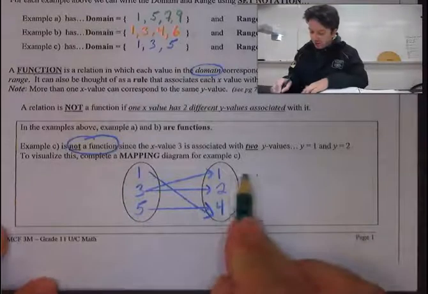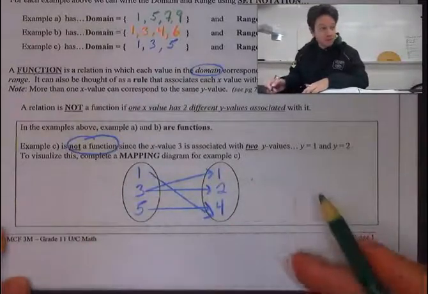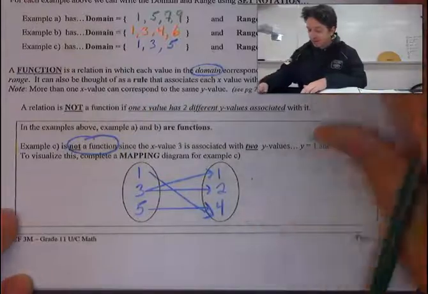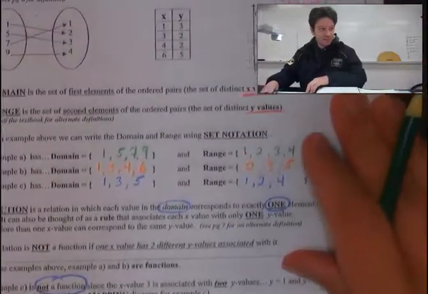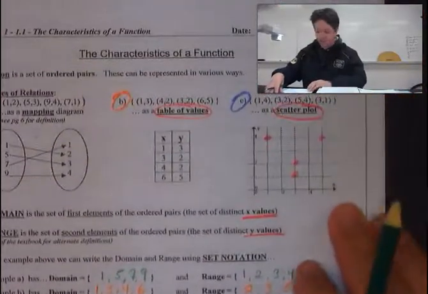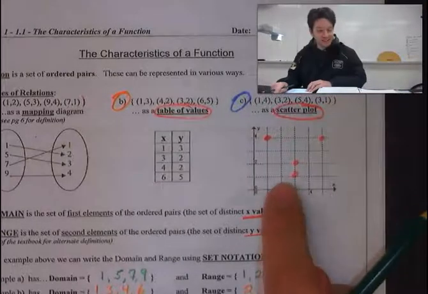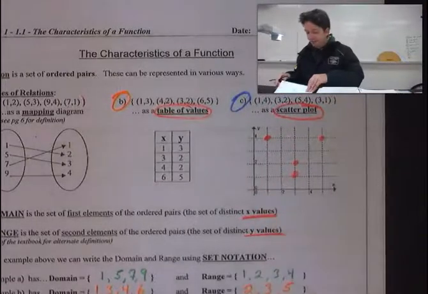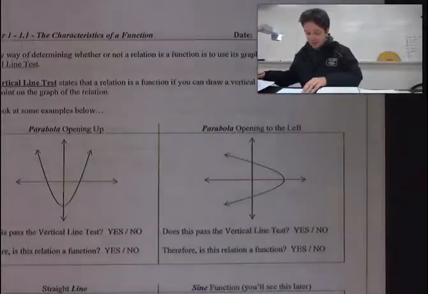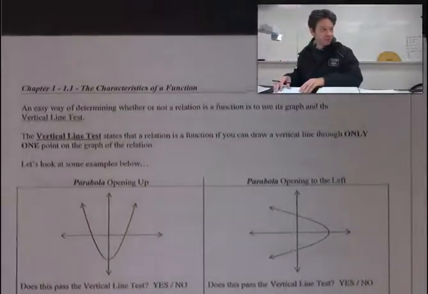All right, so looking at a mapping diagram can help see if something is a function or not, but I think the easiest way to see if something is a function or not is to look at a scatter plot. So what do I mean by that? I'm going to go over to the next page.